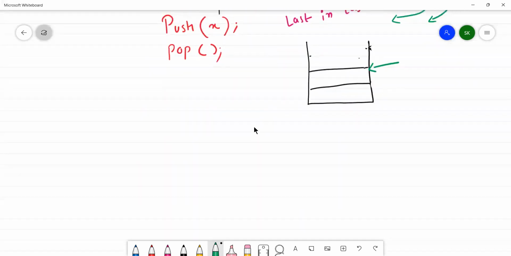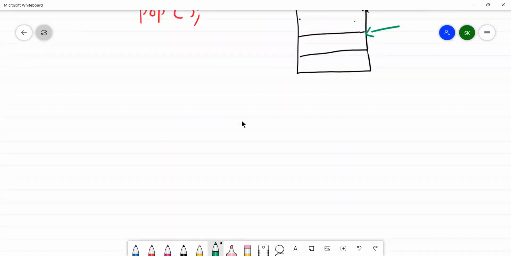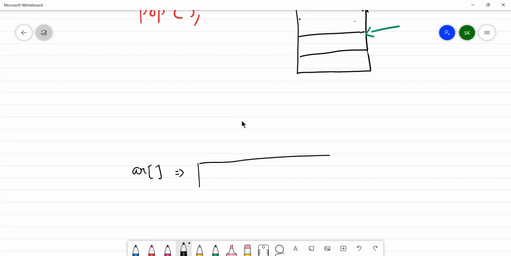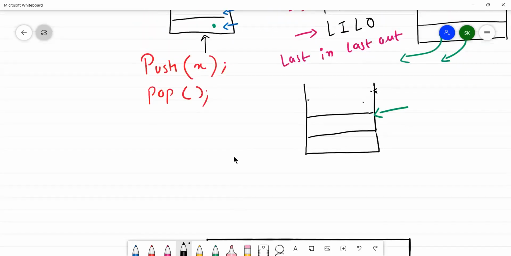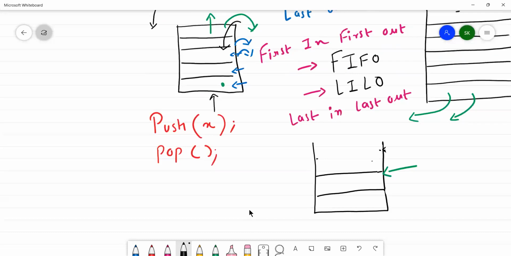Okay, then imagine that I have made an array which I'm considering as a stack. And one more thing: the pointer that we were discussing in the stack is known as the top pointer because no matter what, it always stays at the top.